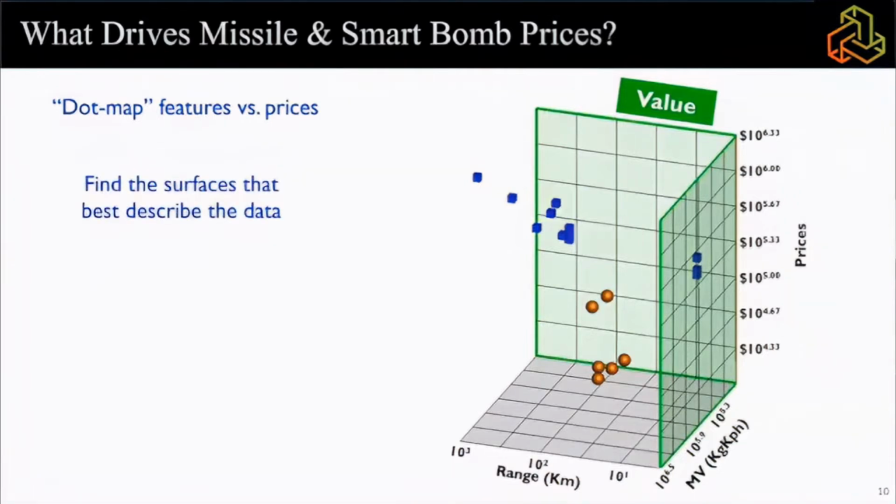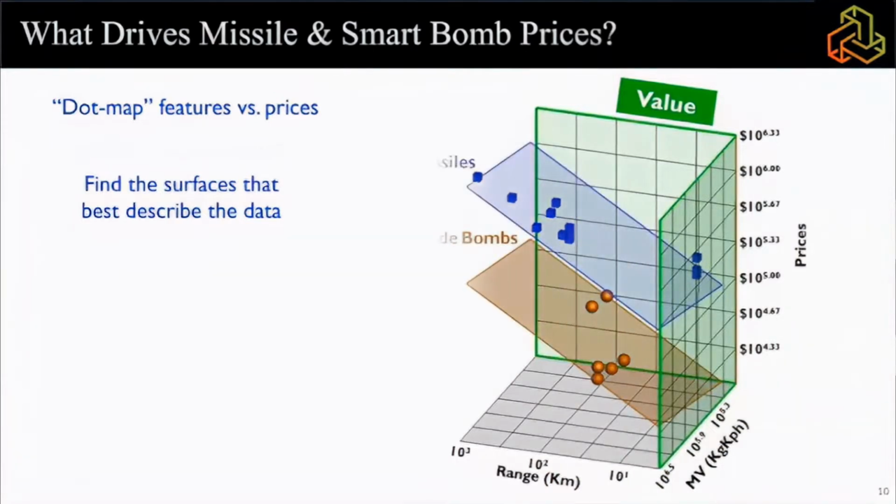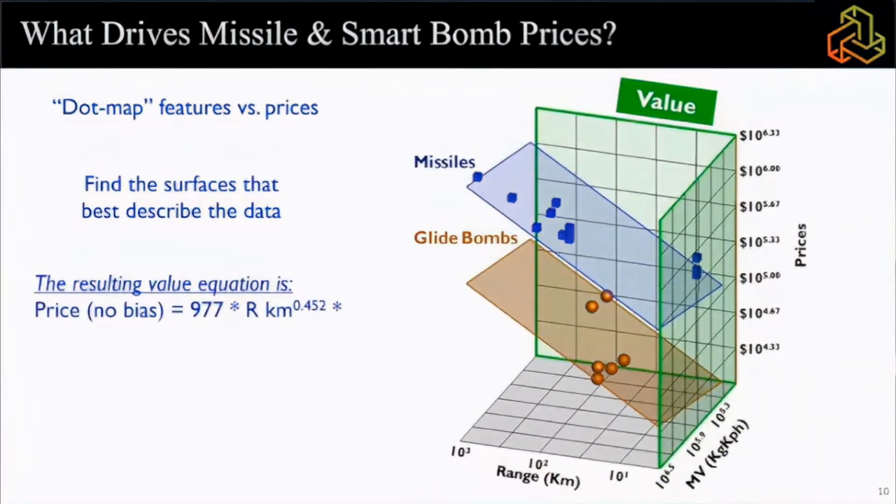And when we find the surfaces that best describe the data, we get a couple of surfaces that come out of this equation, which says the price is a function of this constant times the range times this step function. It basically says if it's gravity powered, don't step it up, but if it's powered, take 2 to the power of 3, or 8 times.